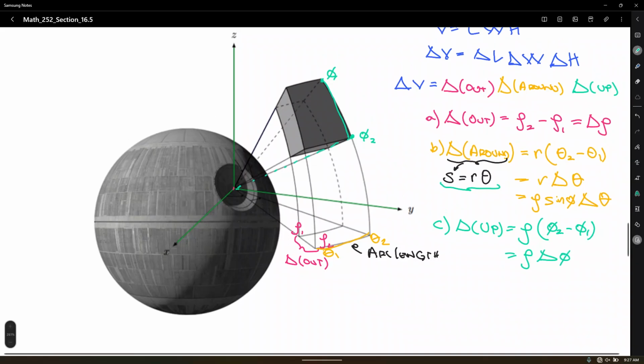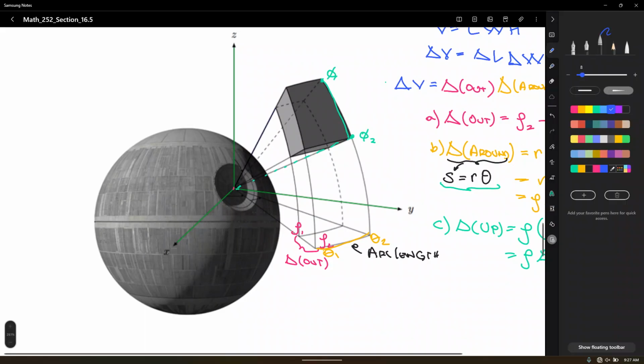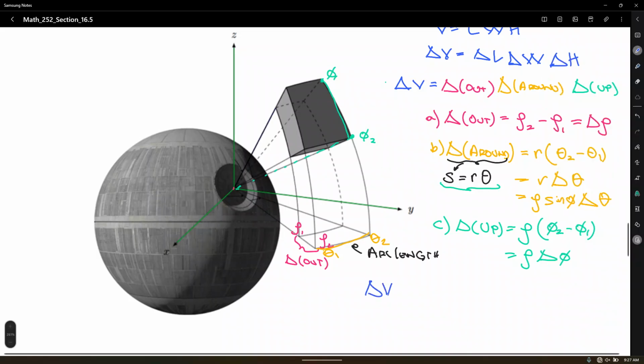Now, coming back and putting everything together, finally, delta v, which is delta out, is simply delta rho, times delta around, which is rho sine phi delta theta, and times finally the delta up, which is rho delta phi.